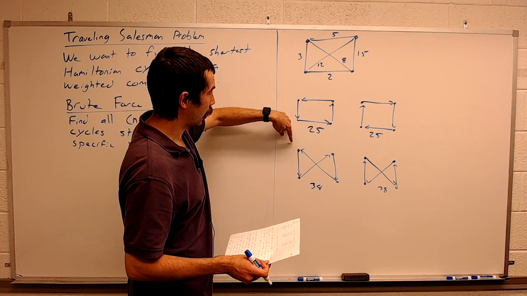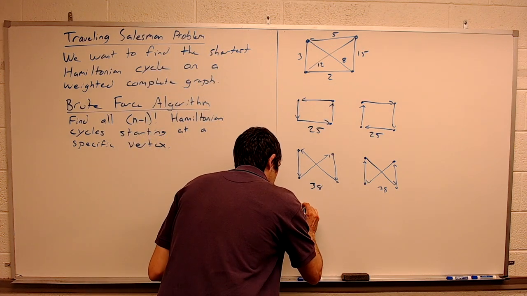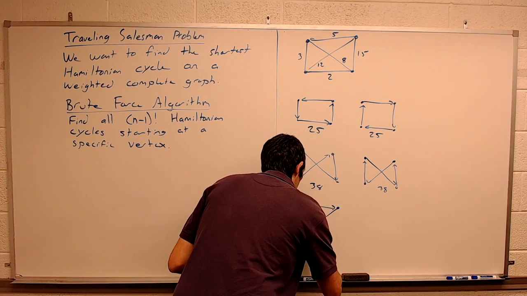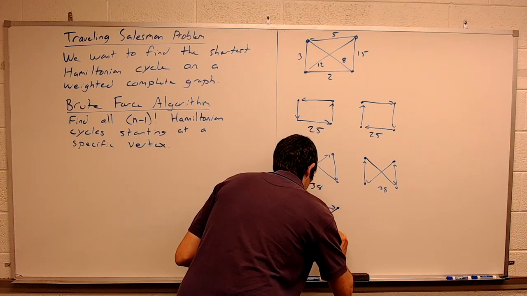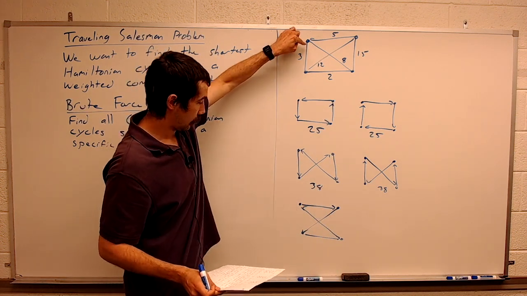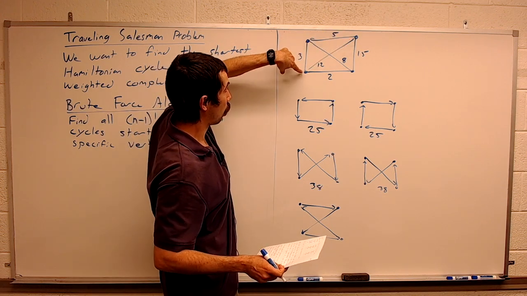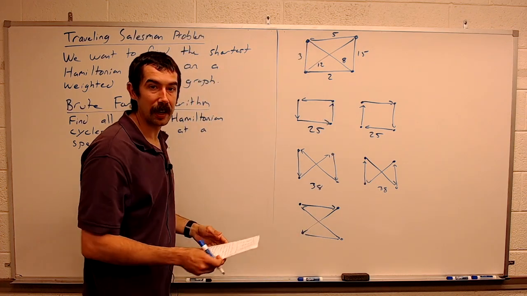If we start by going across and then diagonal, what is the weight of this one? 5 plus 12 plus 2 plus 8. That's 27.